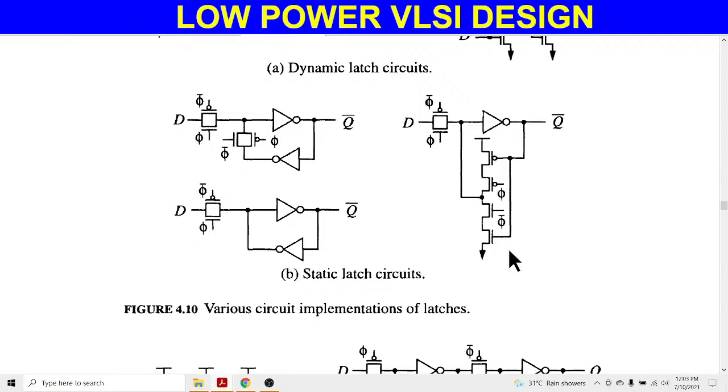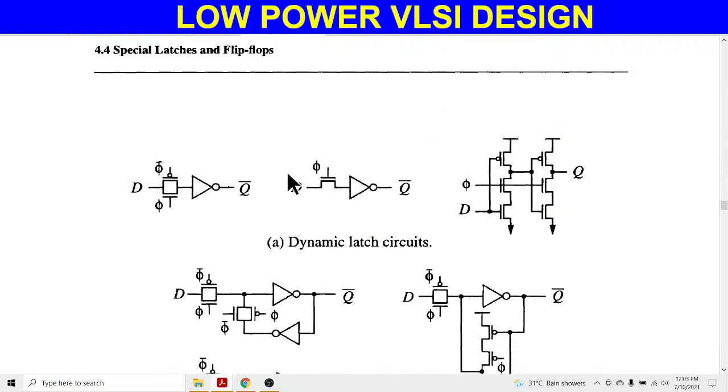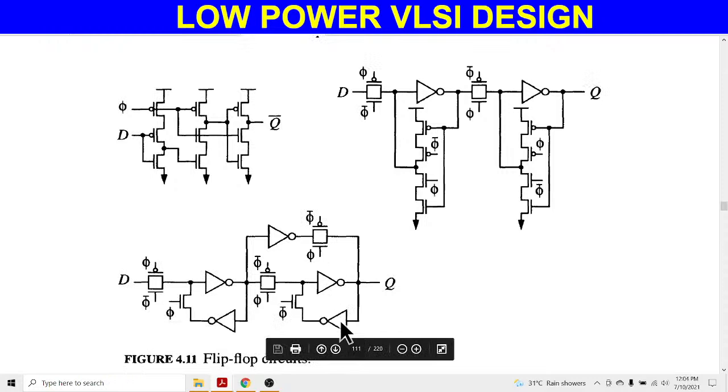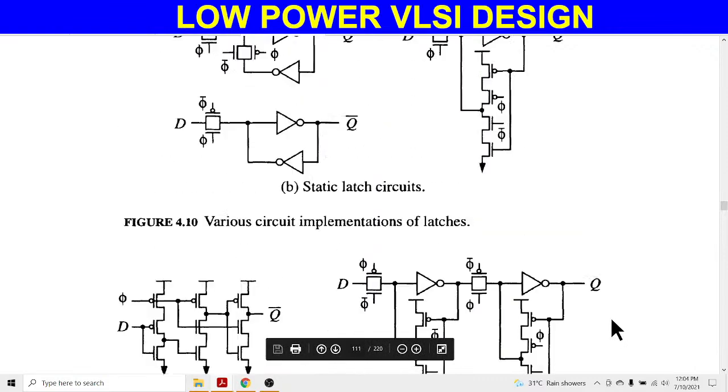Why are these known as latches? Because there is no clock pulse at the input side, so it works when input is provided. It doesn't wait for the clock pulse. Same as these circuits, which are examples of some modified flip-flops.